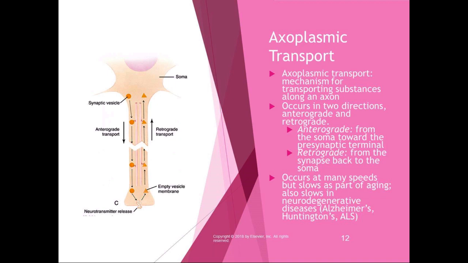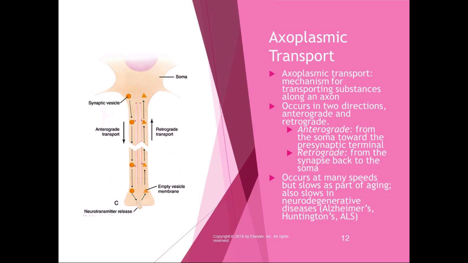The types of substances that are moved up and down the axon are neurotransmitters, of course, and substances required to nourish the axon. Just like all cells in the body, it needs nourishment. So anterograde is from the soma towards the presynaptic terminal, and retrograde is from the synapse back to the soma.